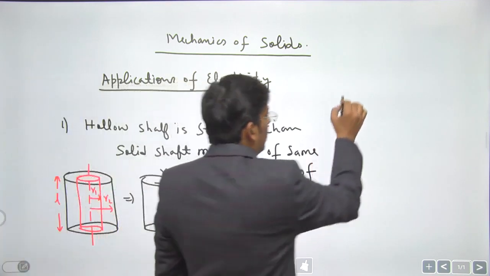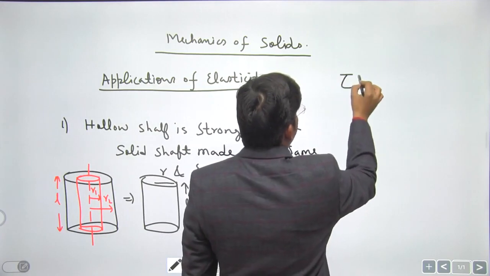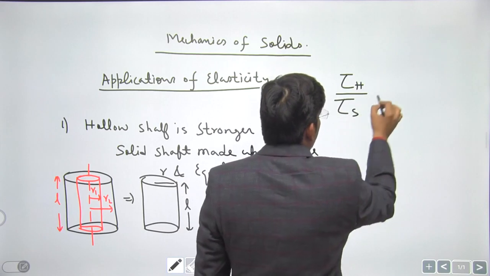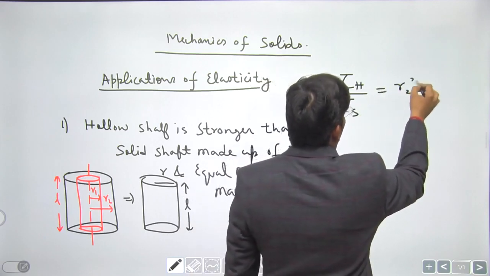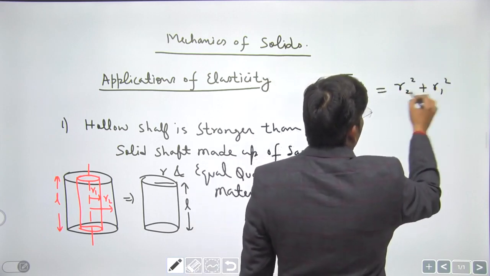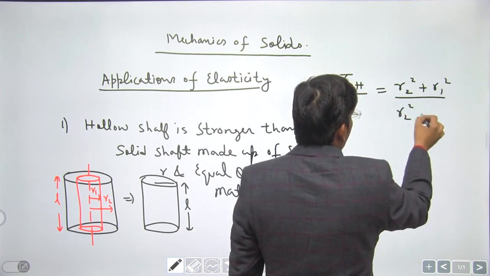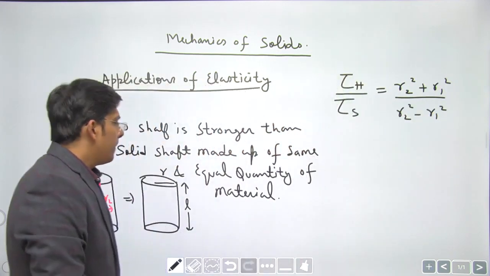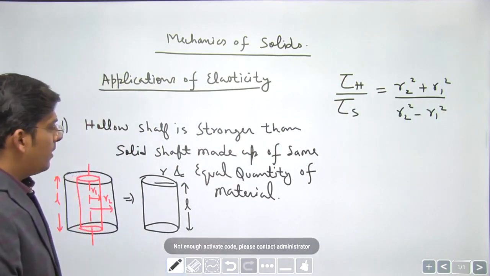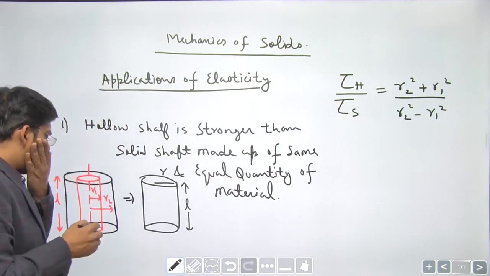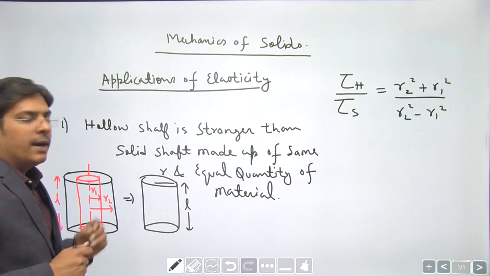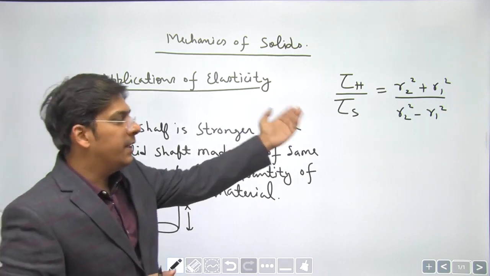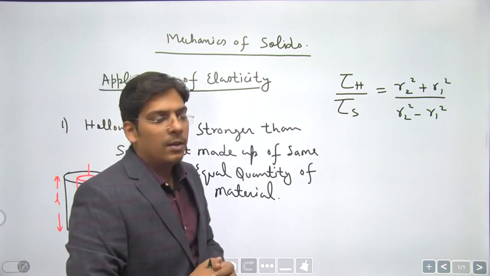Then the ratio of torsional rigidity of the hollow shaft divided by torsional rigidity of the solid shaft is given by (R2 square plus R1 square) divided by (R2 square minus R1 square). Okay, dear students, this is the formula. So if you are asked a question that there is a thin wall tube melted and recast into a solid cylinder, compare their torsional rigidities, you can use this formula.